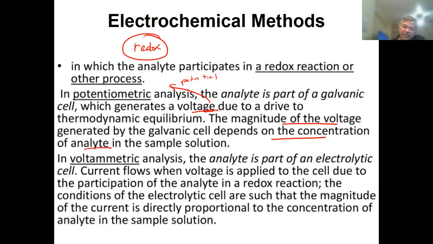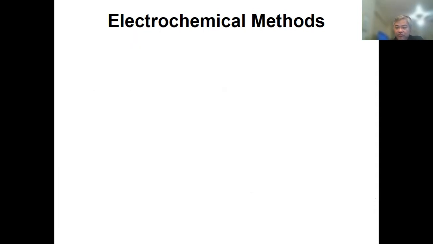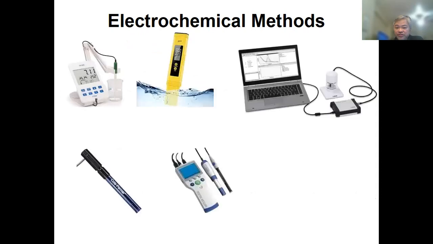Now, pwede naman voltammetric analysis kung saan ang naano mo doon ay yung current. So, when voltage is applied to the cell, current would flow. And the conditions of the electrolytics are such that the magnitude of the current is directly proportional to the concentration of the analyte. So, ito yung common na electrochemical methods. And you have here your pH meter.